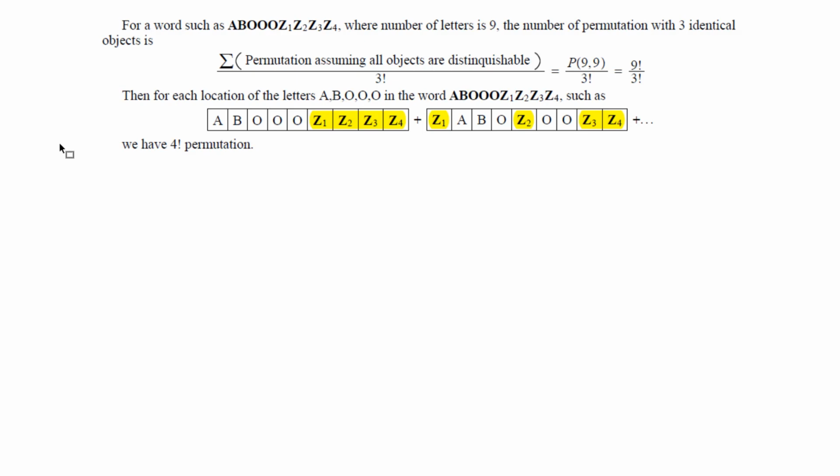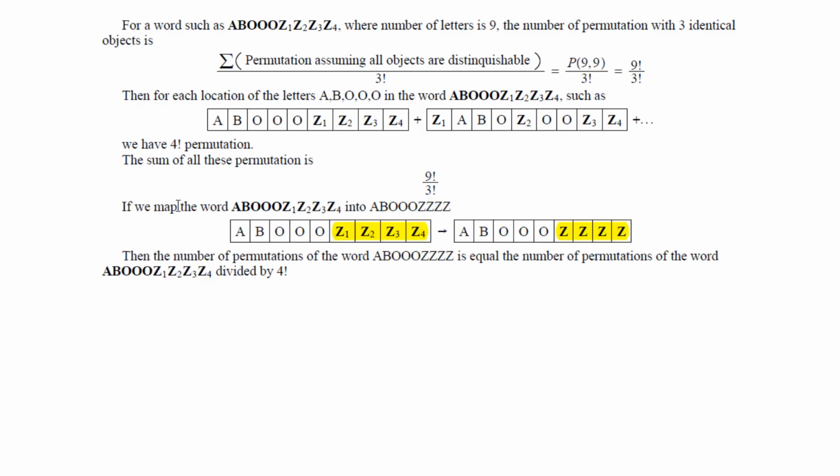So now, for each location of these letters in this word, such as this word here or this word here, where we change the location of A, B and the 3 O's, how many permutations do we have for this? For that we have 4 factorial permutations. But the sum of all these permutations is 9 factorial divided by 3 factorial.